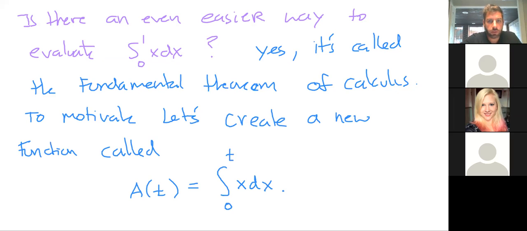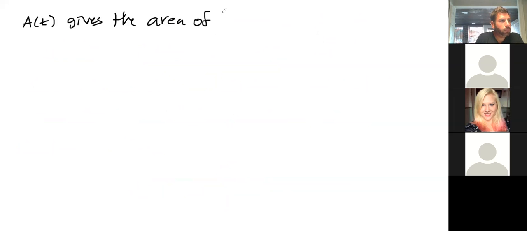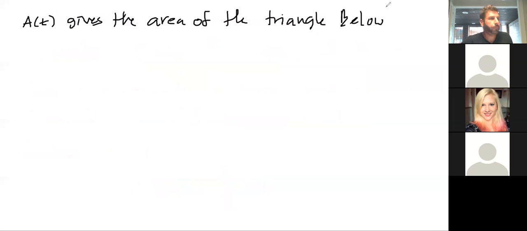So what is this function, what is it good for? Well, what you'll notice is A of t gives the area of the triangle below. So let's draw the picture just like we did before.